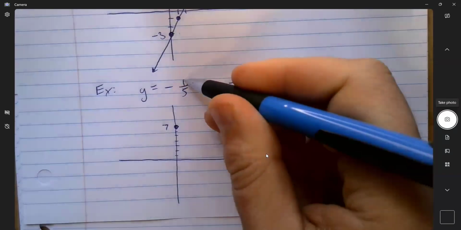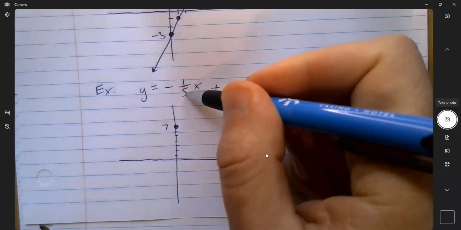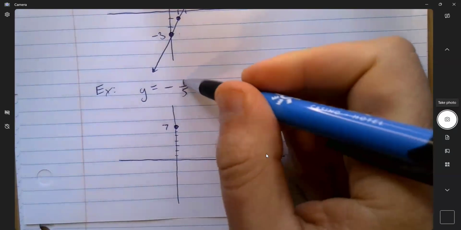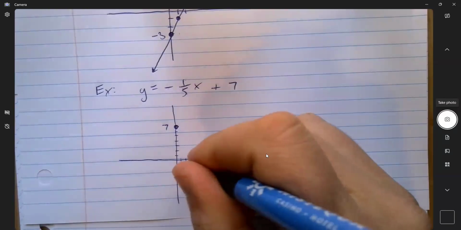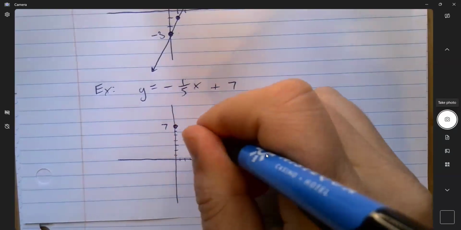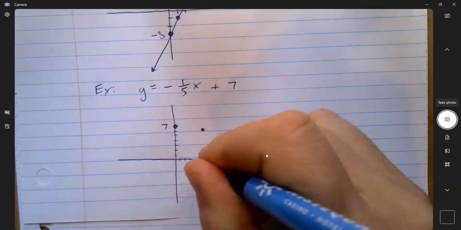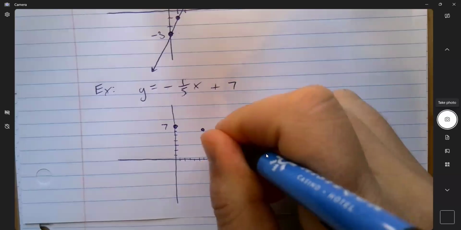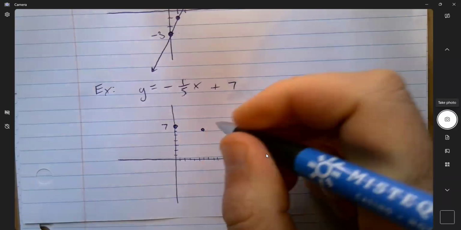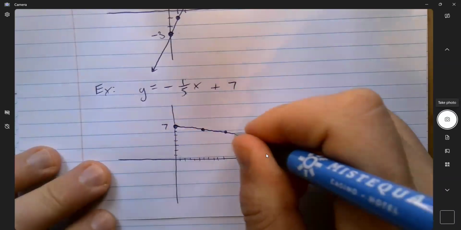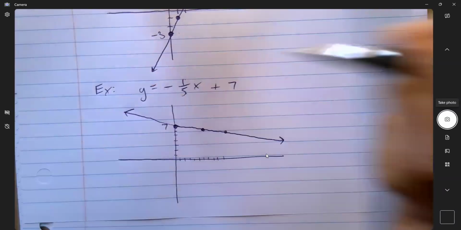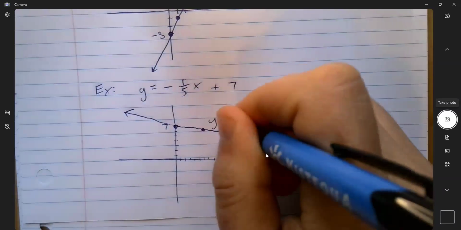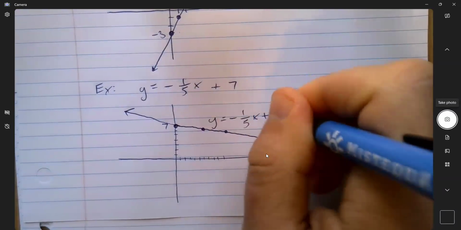I start here at a height of 7. 1/5 means x is going to change by 5, and the negative means when x goes up by 5, y goes down by 1. 1, 2, 3, 4, 5, and now y goes down by 1. 1, 2, 3, 4, 5, y goes down by another 1. And we're going to get a line that slopes down kind of shallowly. y equals -1/5x plus 7.